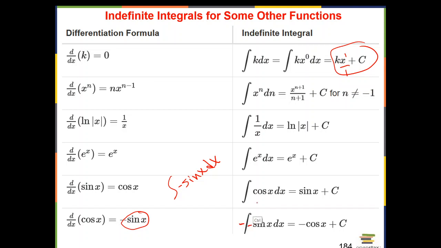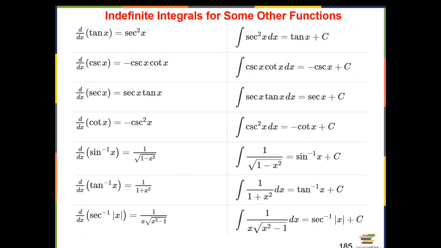But it changes the form of it, so we can say the answer is negative, whatever this answer is, which is cosine. So it's negative cosine plus c. So when things that we have here don't match what we have in the table, we can modify it a little bit. We're going to do some more in chapter 5 on this. But for now, that's good enough.